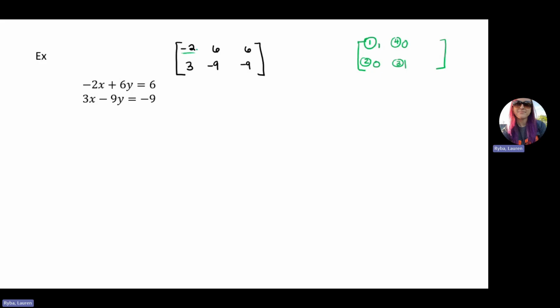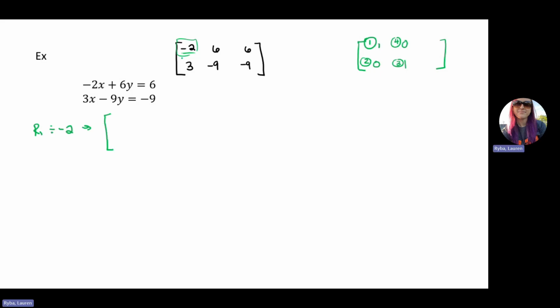So I currently have a negative 2 here. Would I need to multiply or divide by something to turn that into a 1? Divide by what? What kind of 2? It has to be a negative because a negative divided by a negative is going to give me that positive that I want. So I'm going to take that first row and divide everything through by negative 2.